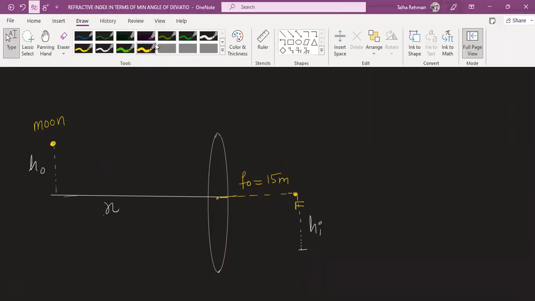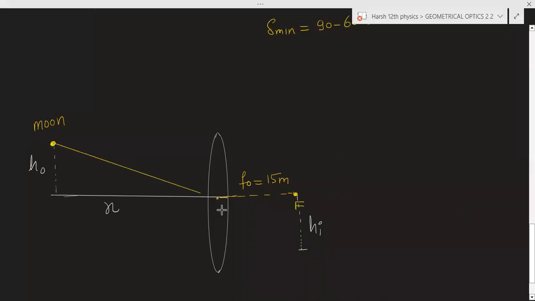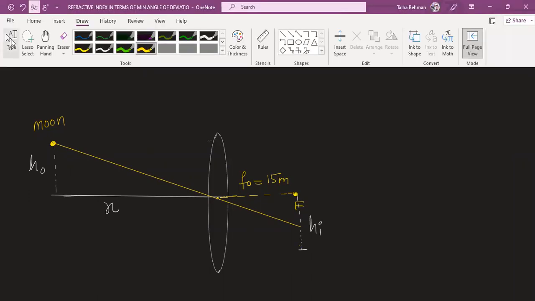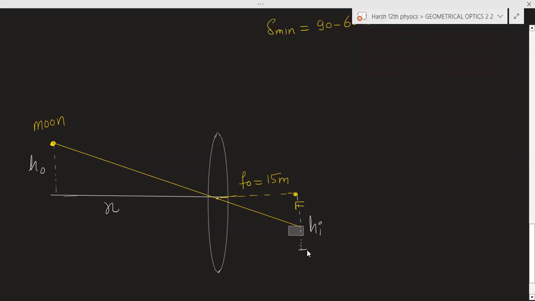Now, what you have to do, you have to use the similarity of triangles to solve this problem, very simply. Basically, it will be like this. Height of the moon, and height of the image of the moon will be like this. So now, do you know what similar triangles are?